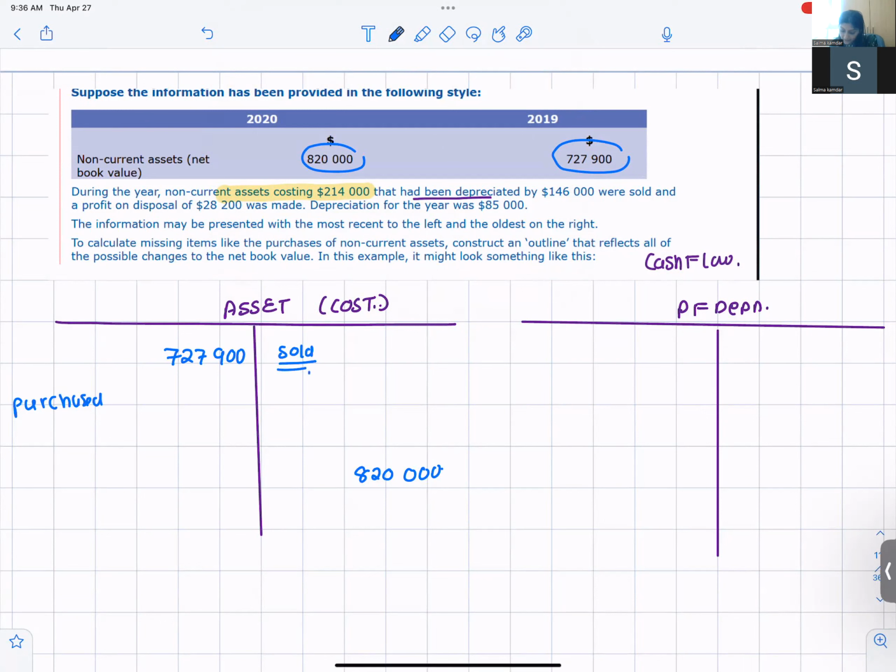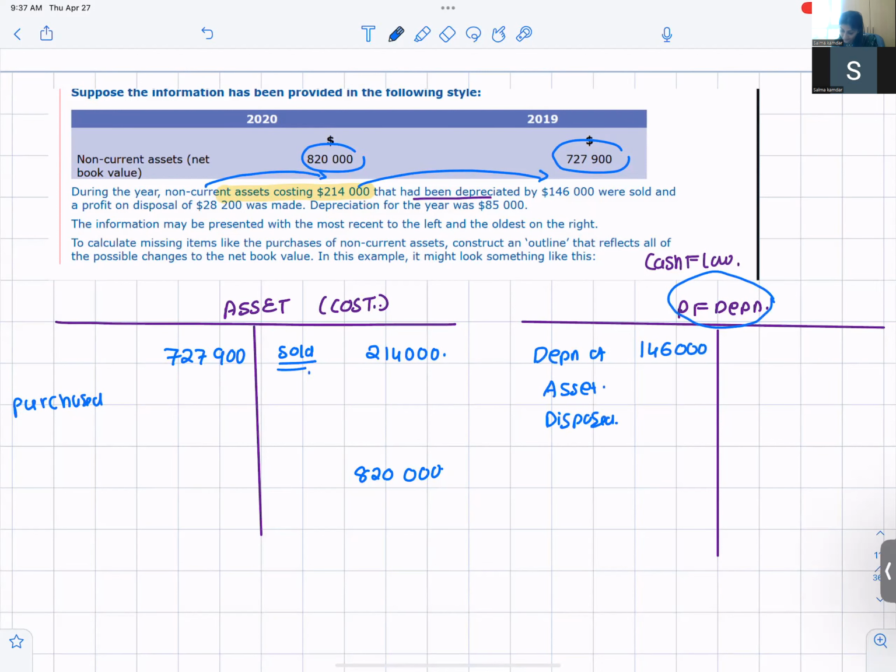So you have sold a non-current asset of 214,000. This asset had been depreciated for 146,000. So the depreciation of asset disposed comes on the debit side of provision for depreciation account. So you have disposed this asset which has depreciation of 146,000.